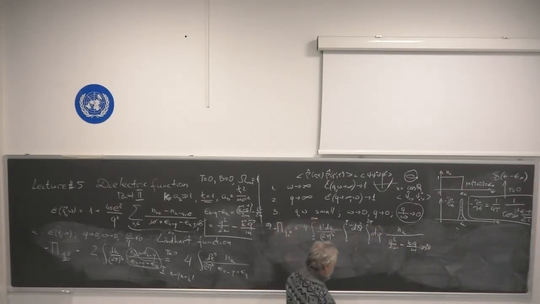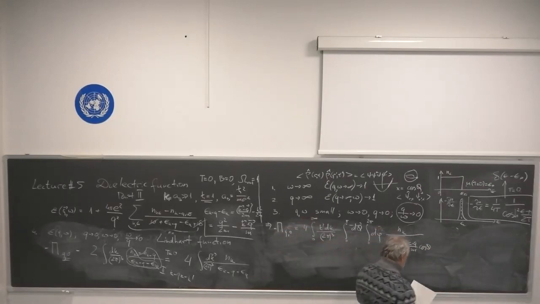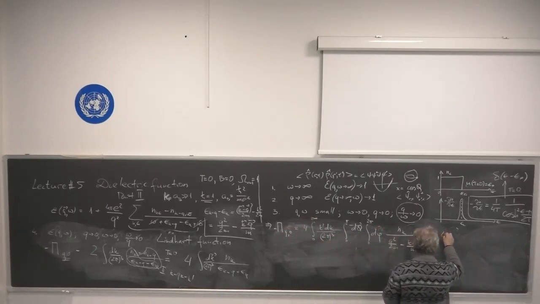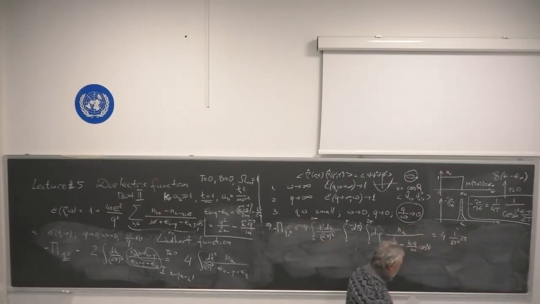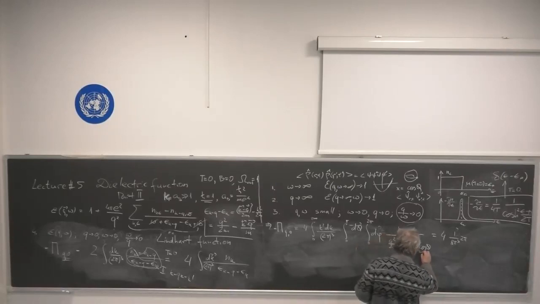Okay? So I have 4 times 1 over 8 pi cubed. Then I have a 2 pi coming out of integration over phi. I do the same trick, namely I denote cosine theta as x.